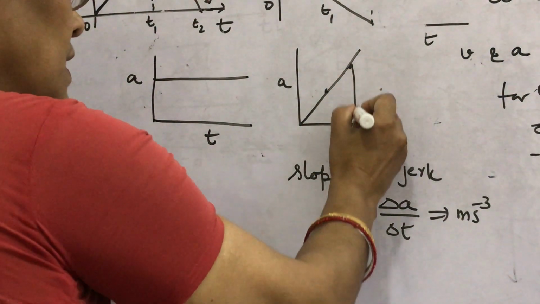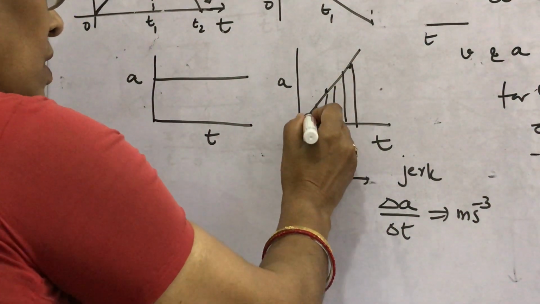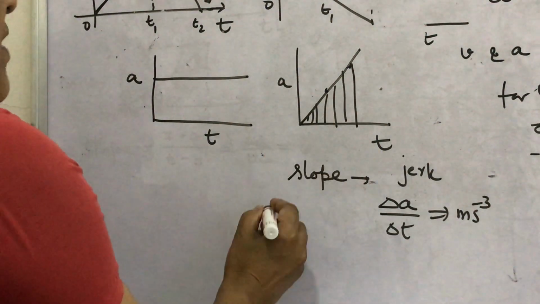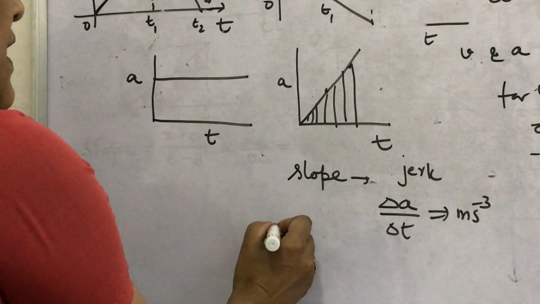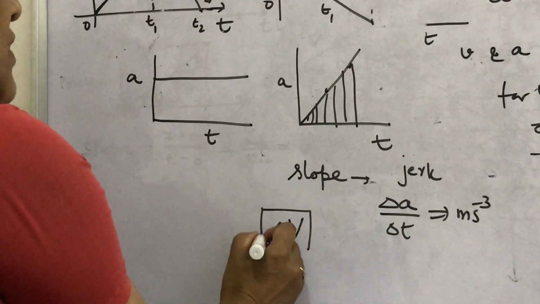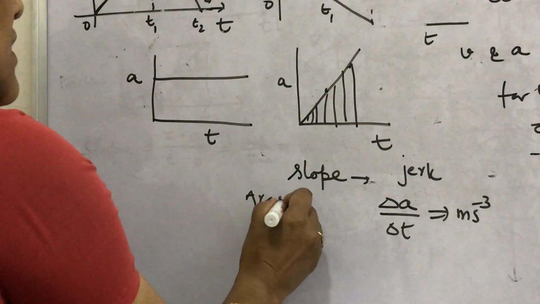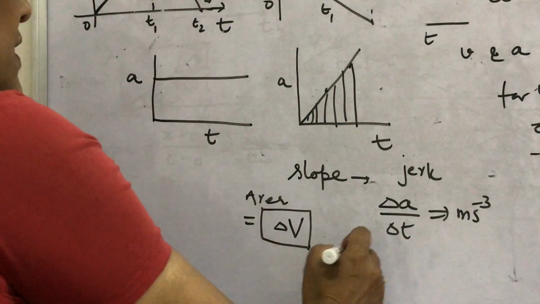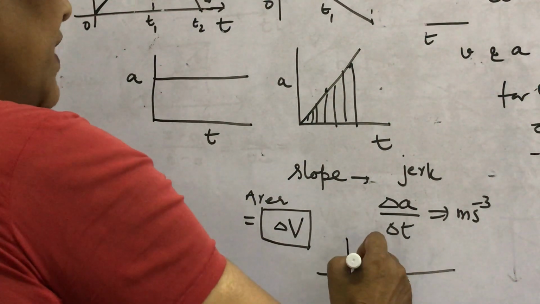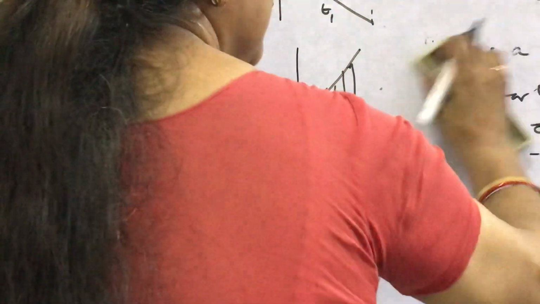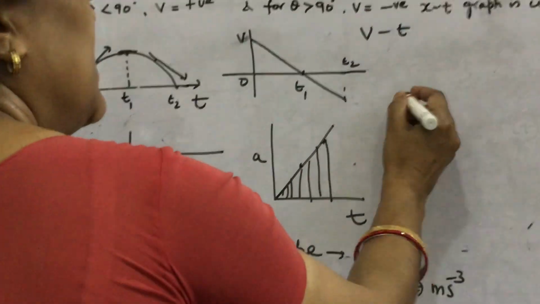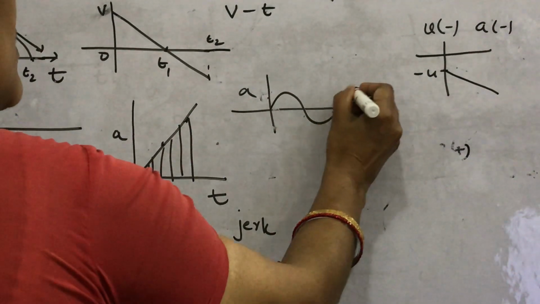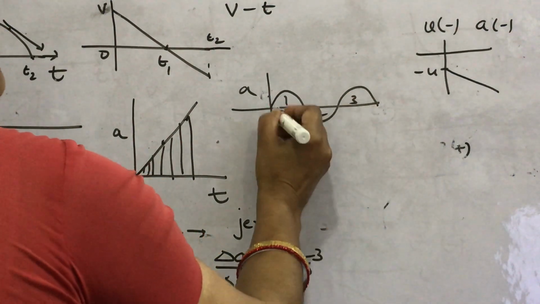What about the area? Area under the acceleration time graph is change in velocity. Suppose the AT graph is given like this. This is A, this is T, this is 1, 2, 3, this is time t.